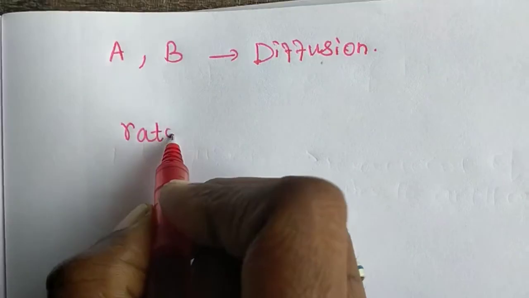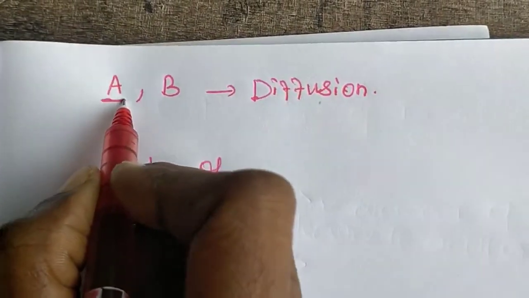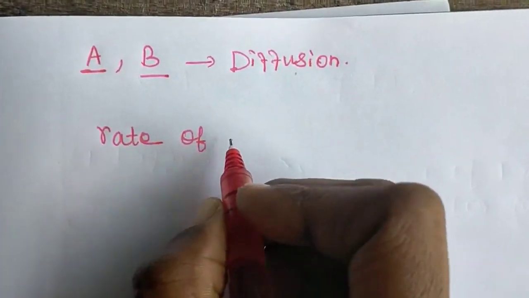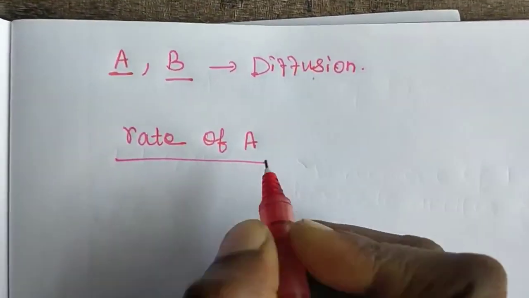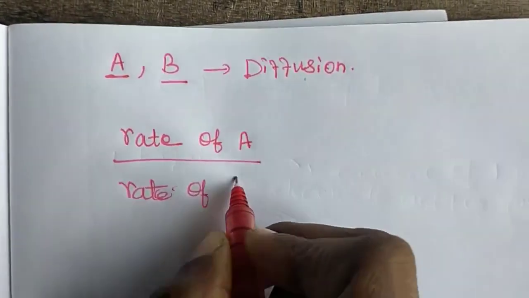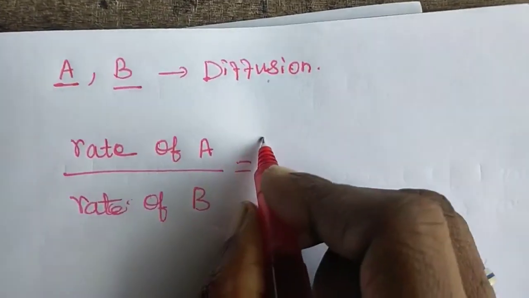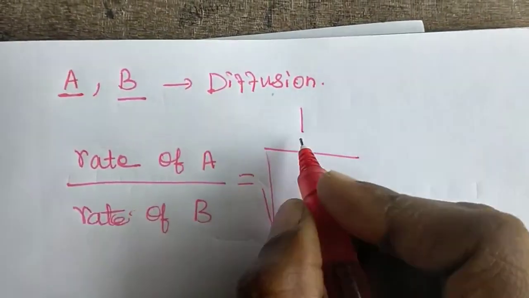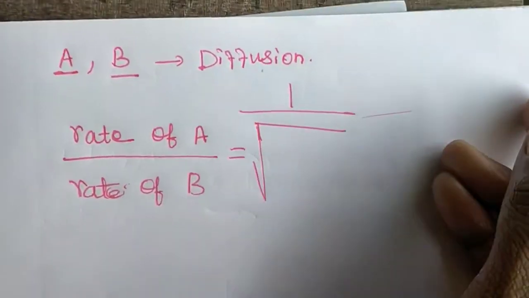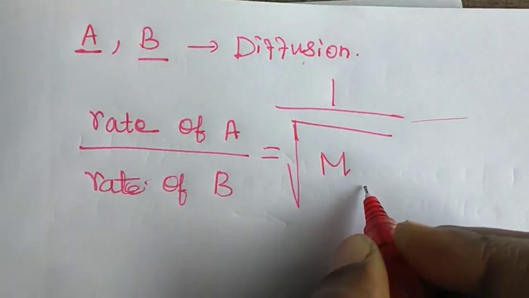Rate of diffusion, that means rate of gas A and rate of gas B. Rate of A divided by rate of B is equal to 1 by root of molar mass.